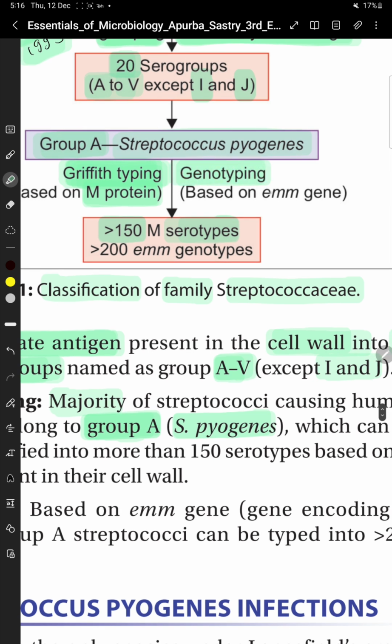Genotyping is based on M gene. This M gene codes for M protein, and genotyping will classify group A into more than 200 M genotypes.